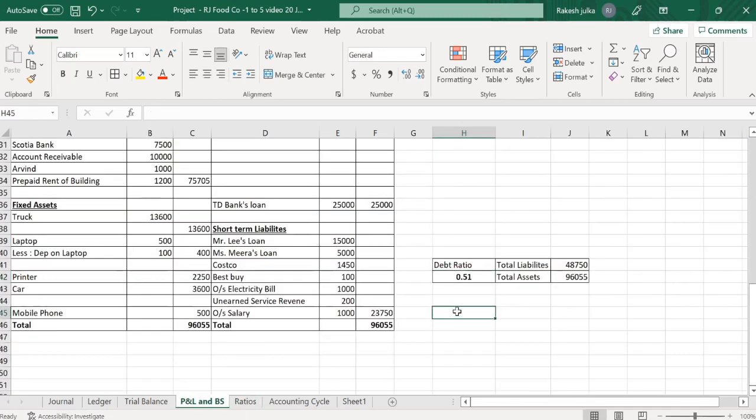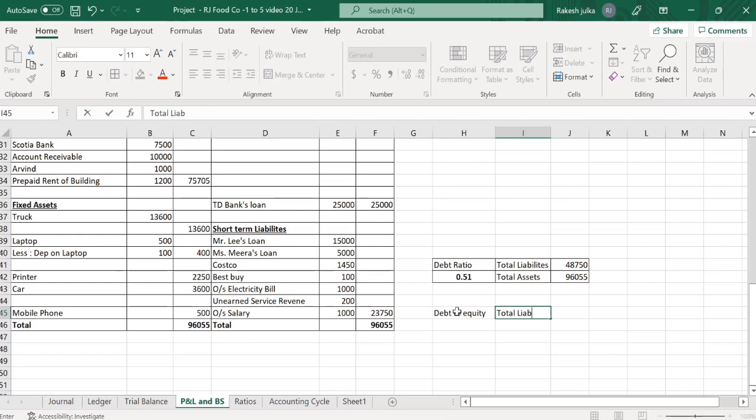Same example that we are going to do for the debt to equity ratio here. So I'm going to write here debt to equity. Debt means liability, very simple. So I'm going to write total liabilities, then equity. How much is the total liability?